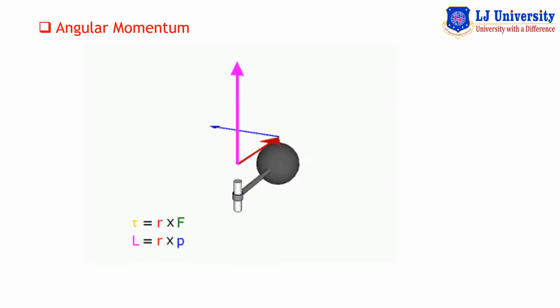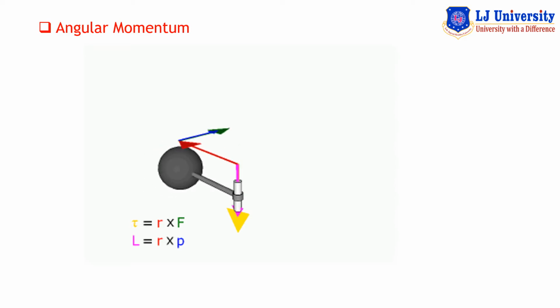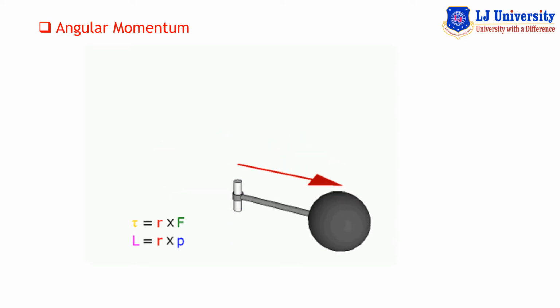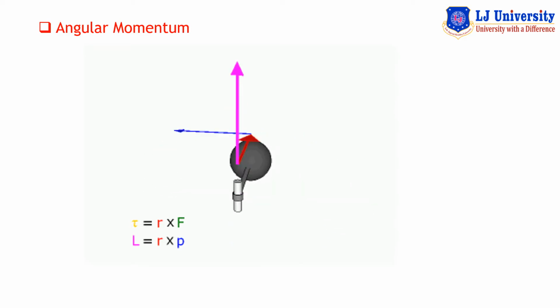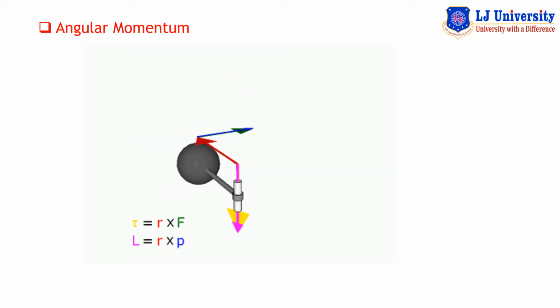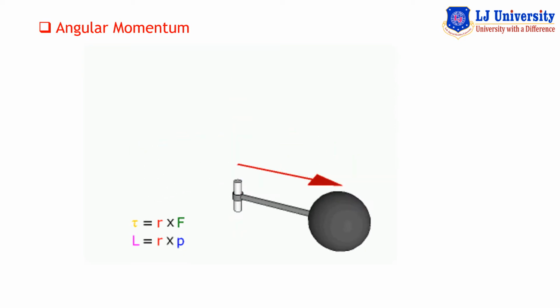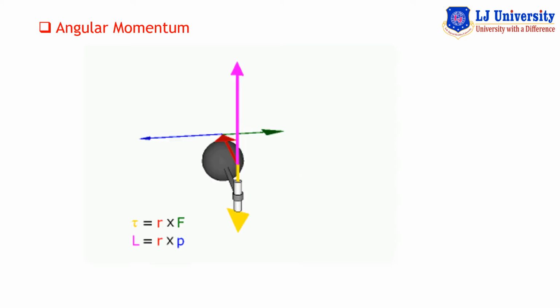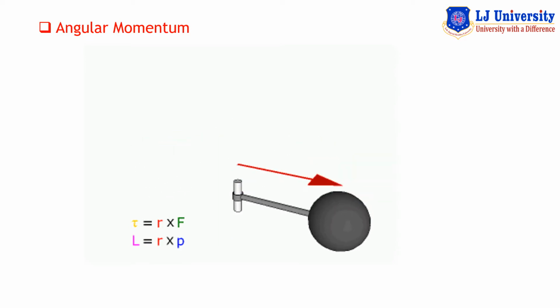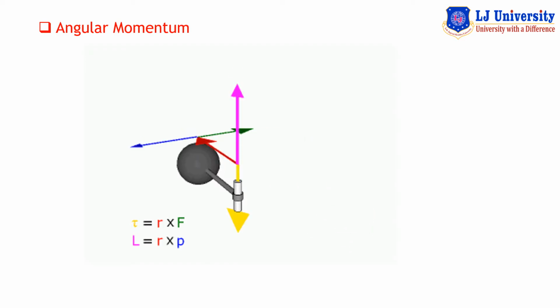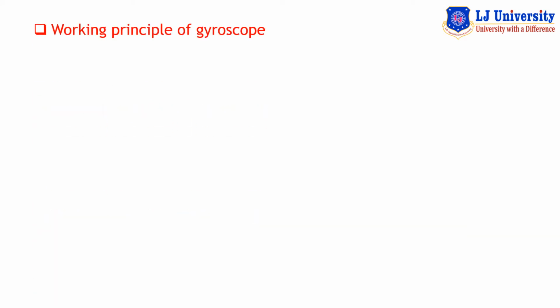But when we discuss angular momentum, we multiply mass moment of inertia with its angular velocity. And the direction of angular momentum we can find using the right hand thumb rule. Okay, meaning fingers indicate the direction of motion and thumb indicates the direction of force or direction of momentum.